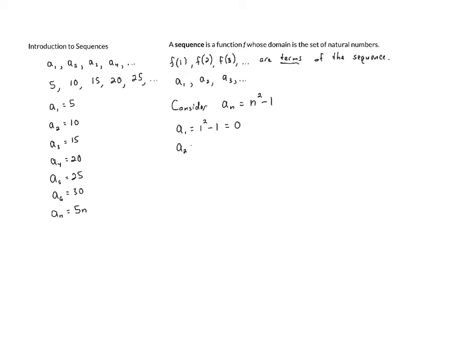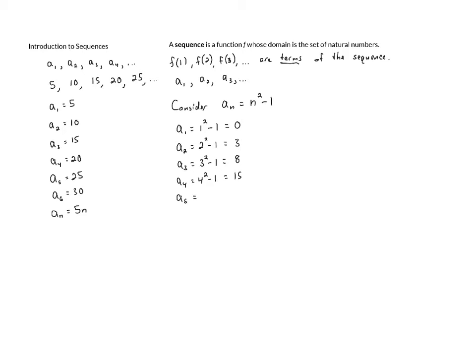For the second element, a sub 2, that's going to be 2 squared minus 1. 2 squared is 4, and 4 minus 1 is 3. Next, for the third element, we have 3 squared minus 1. That's going to be 9 minus 1, which is 8. Then the fourth element is 4 squared minus 1, which is 15.